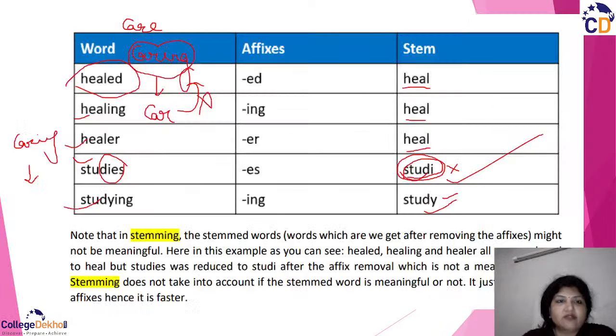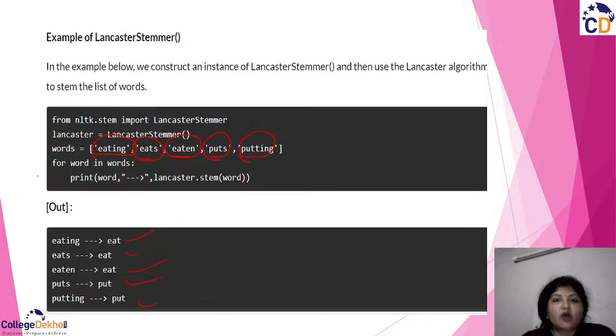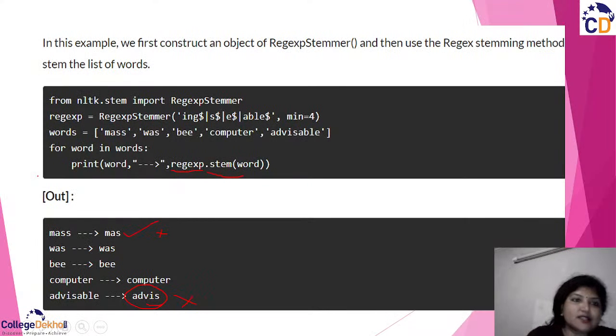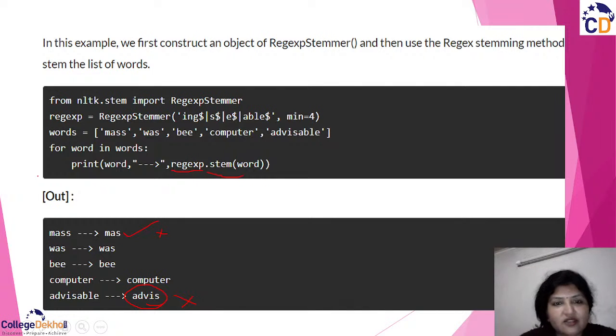So again, we have already discussed the types of stemmers and how they produce different logics. The most widely used, I would say, is the regex, because it gives you the closest word, but again it is going to give you errors also.